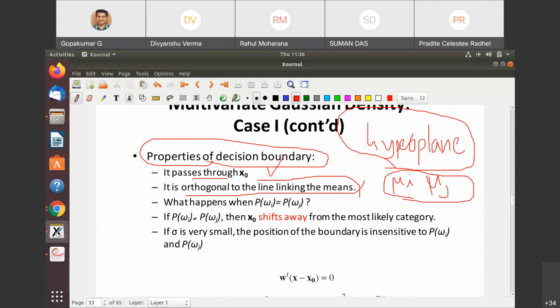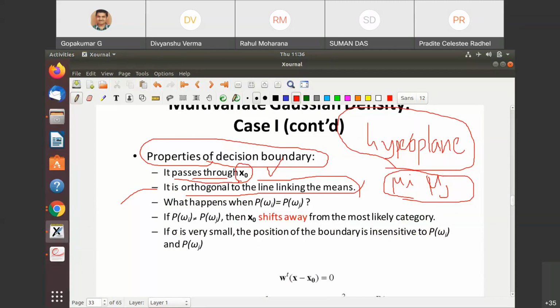So that means the orientation of that hyperplane is decided, or influenced, by the W vector, and it passes through x0. That means how much distance or offset from the origin.